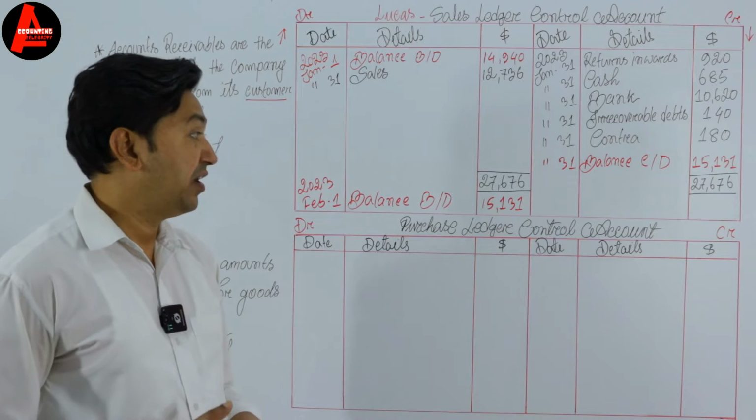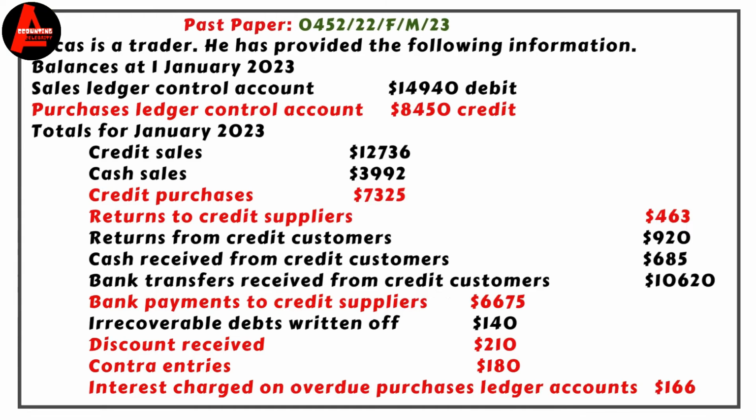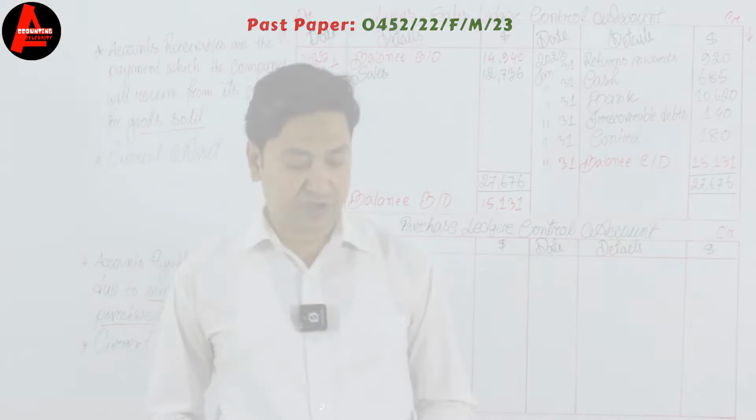So what items do we have in the question, let us have a look. Balances at 1st January 2023. Here sales ledger control account balances we have taken, and purchase ledger control account balance we have $8,450 credit balance mentioned in the question.